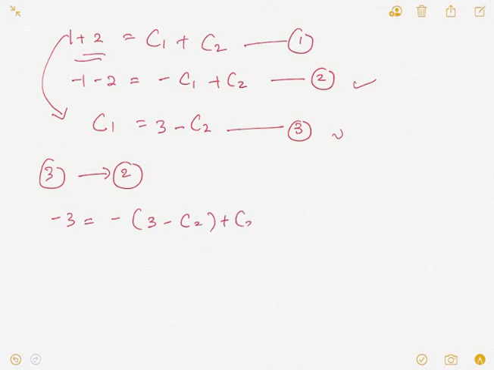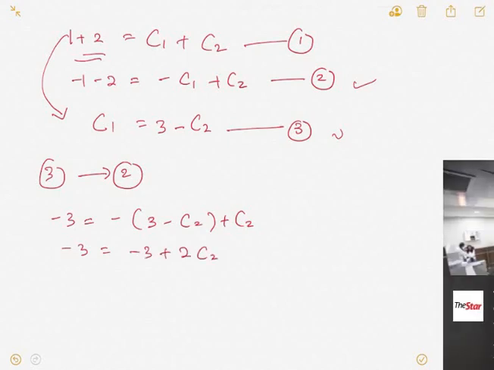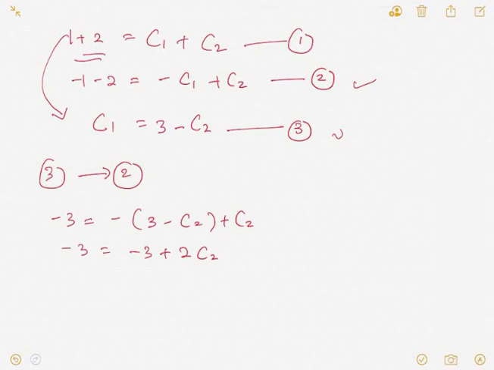You will get negative 3 equal to negative 3 plus 2C2. And then C2 is equal to negative 3 plus 3 is 0. So C2 is 0. This is the fourth equation.